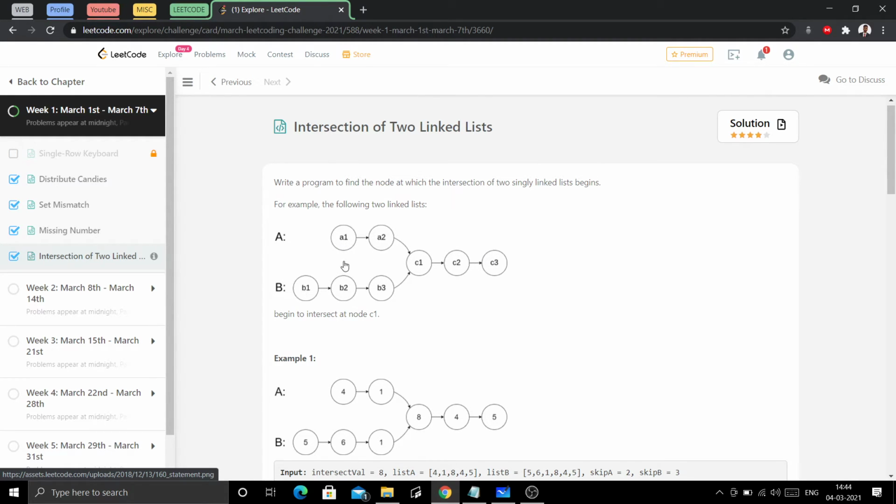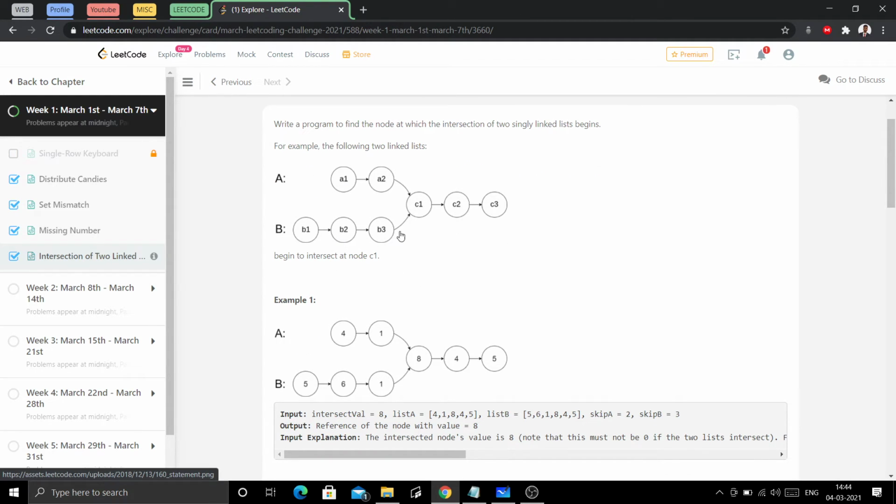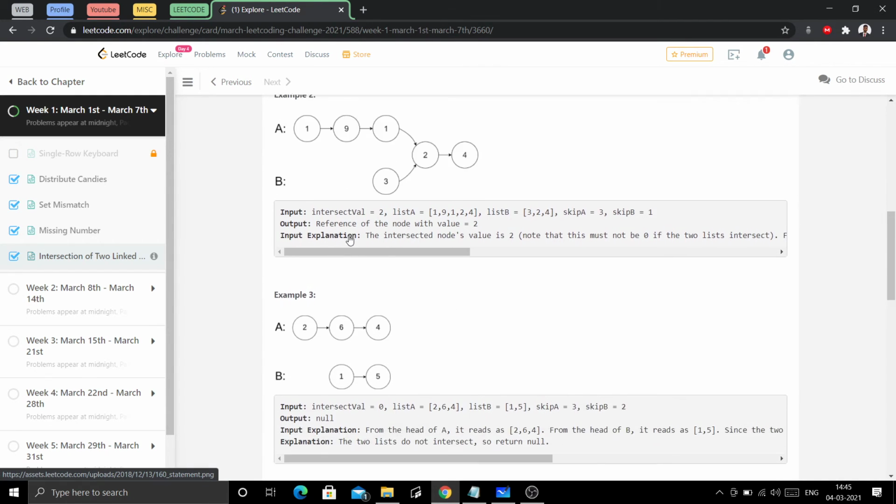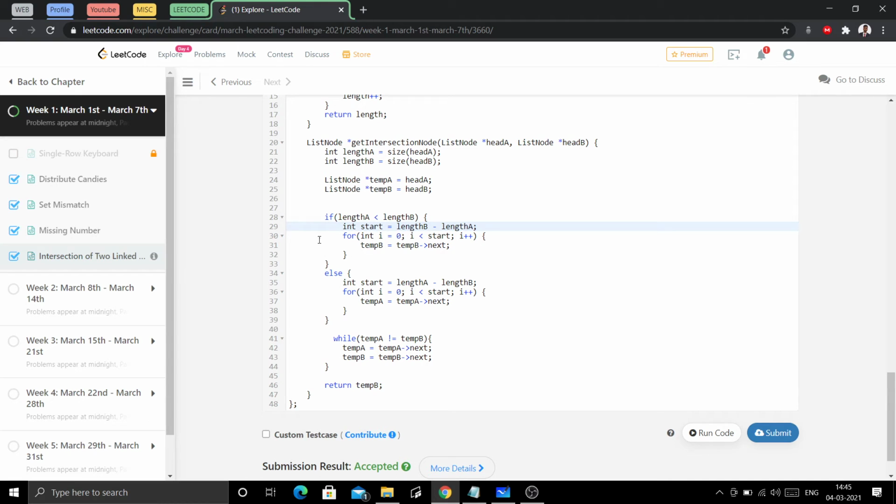So the level at which both should be equal is calculated as length of B minus length of A, that is 6 minus 5, which equals 1. In this case A is less than B, so we have to move B by 1 to reach the same level. Similarly we can do the vice versa for the other condition.